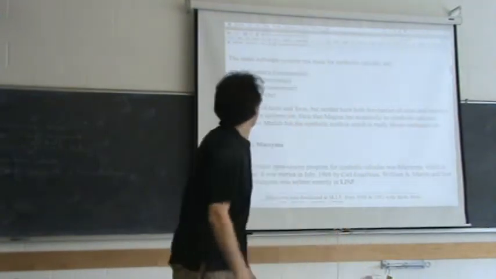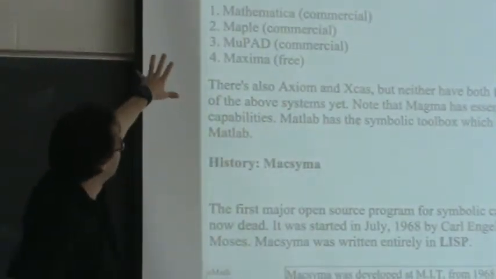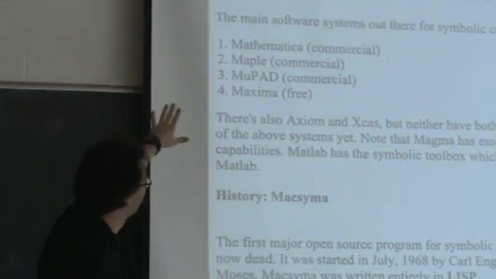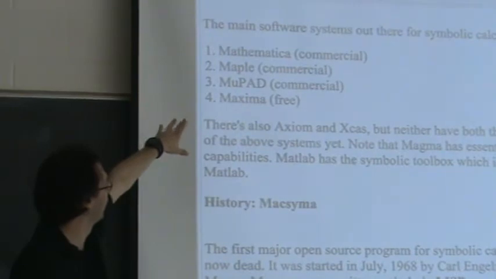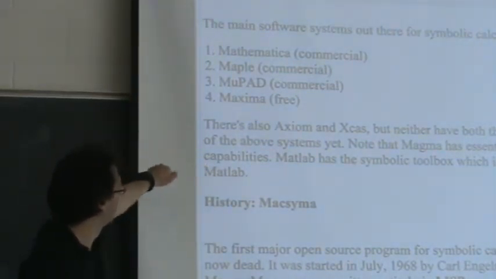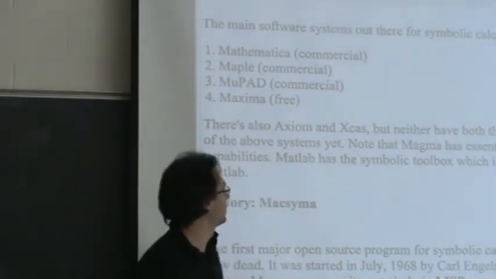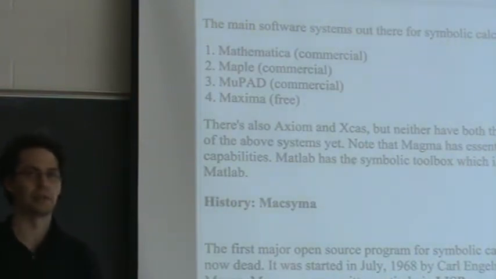It could happen. Anyways, there are 4 major systems out there for doing symbolic calculus, in addition to Sage. One is Mathematica, another is Maple, another is Axiom, and Maxima. The first 3 are commercial, and the last one is free. There are 2 other systems, Axiom and XCAS, but Axiom doesn't have very many users, and XCAS isn't very mature.